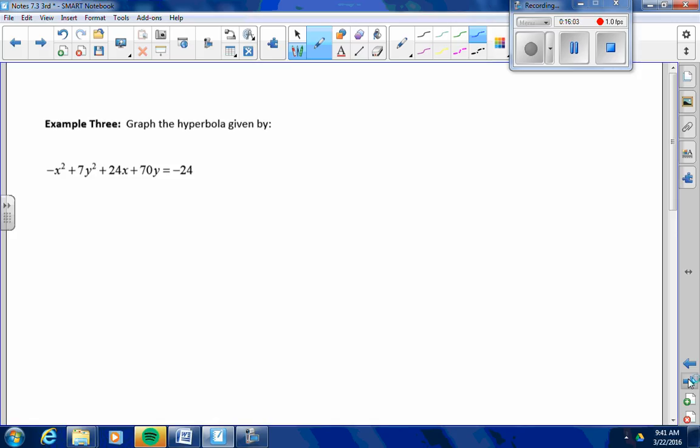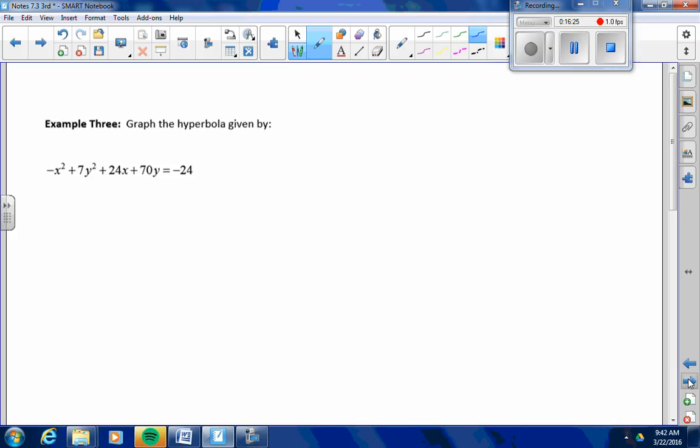In the hyperbola, we are subtracting the values. Okay? So, we look at the x squared and the y squared. I have negative x squared and I have 7y squared. So do we have one of them that's negative? Yes. And that's the x squared.